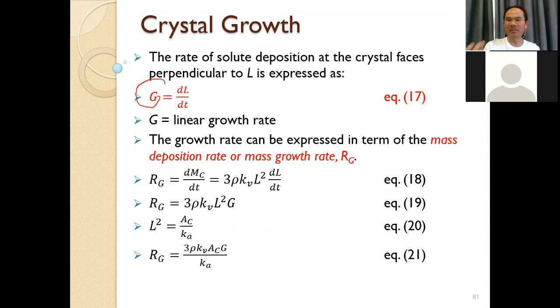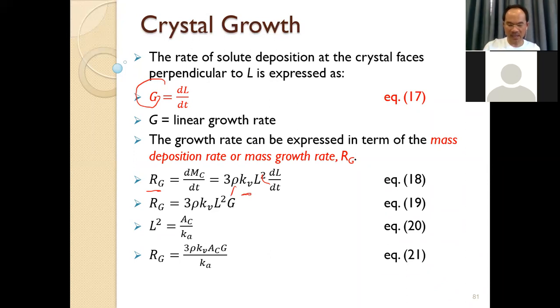You can measure in terms of the mass of the crystal. Rg is the mass deposit rate, meaning dmc by dt equals 3 rho kv L squared dL by dt. Kv means the volumetric shape factor, the volume shape factor. Rho is the density of the crystal. L is the characteristic length of the crystal.